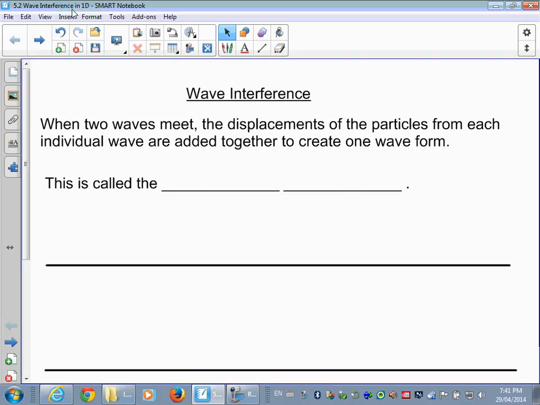There's only one medium in which the wave is traveling, so you can only see one wave. But the wave that you're seeing at any given time will be a result of both waves adding together. We call this, got a really complicated sounding name for a relatively simple thing, the superposition principle.